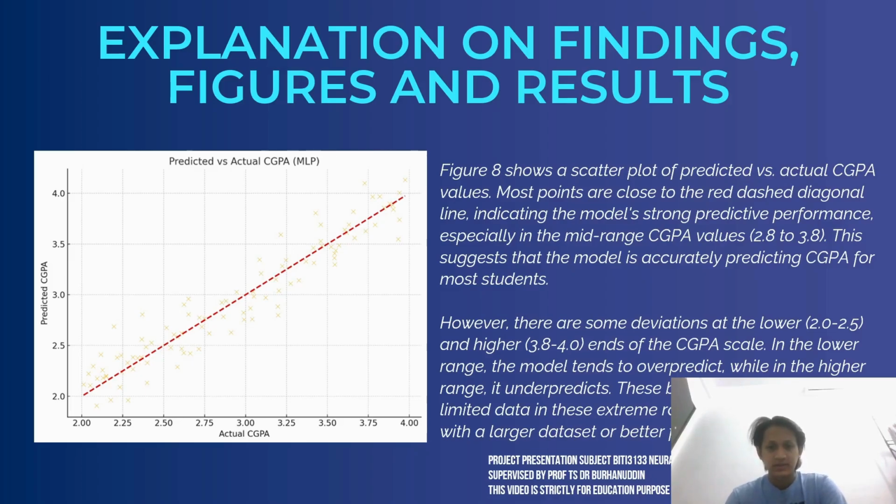However, there are some deviations at the lower range, 2.0 to 2.5, and the higher range, 3.8 to 4.0. For 2.0 to 2.5, there are data points below the diagonal line, which means the model's prediction is not very accurate compared to the actual CGPA.